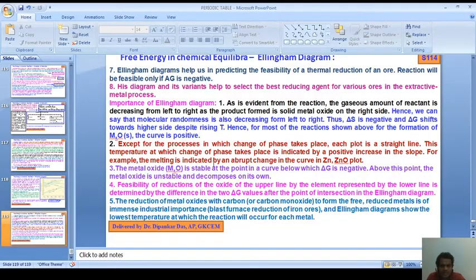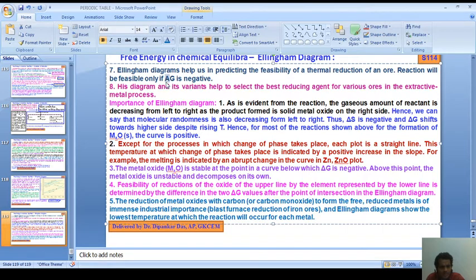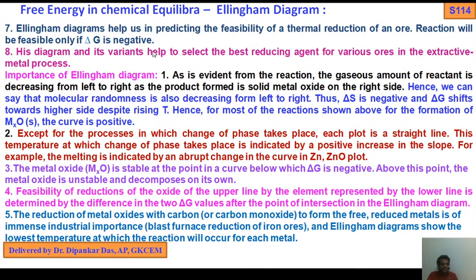By mistake it is written as del A, but actually it should be del G. The Ellingham diagram and its variants help to select the best reducing agent for the various ores for the extraction of metal. So that is up to number 8.